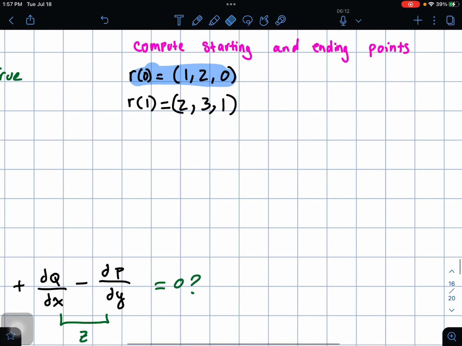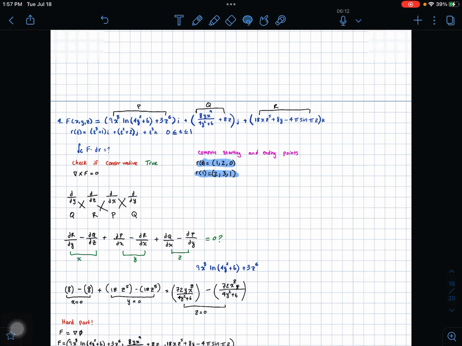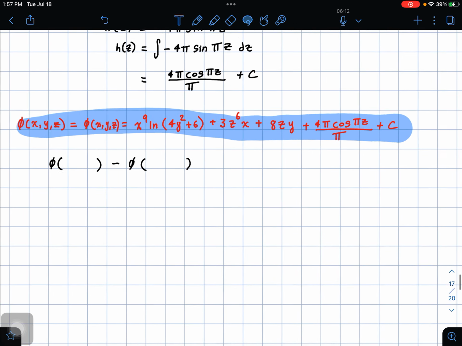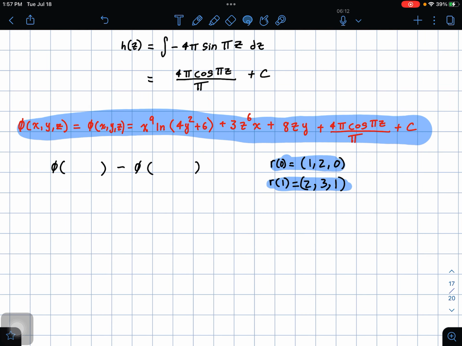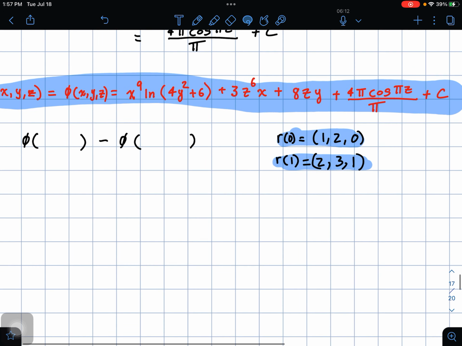So this is our ending point, right? That would be 2, 3, 1, and our starting point was 1, 2, 0. So now what we do is just plug everything in.